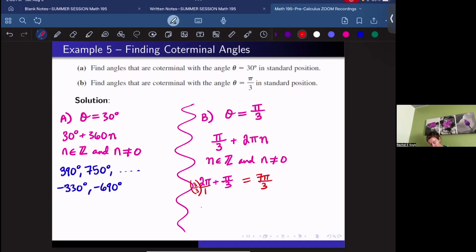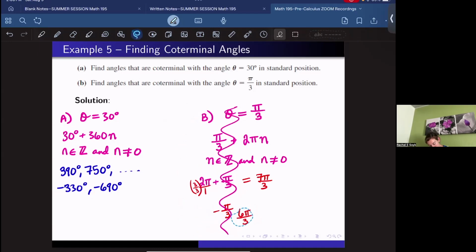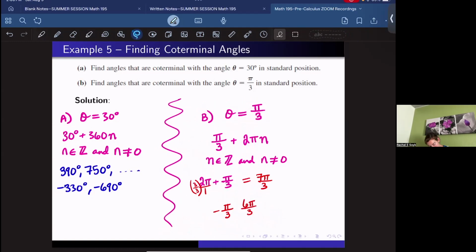And then we can do pi/3 minus 6 pi/3, which gives you -5 pi/3.